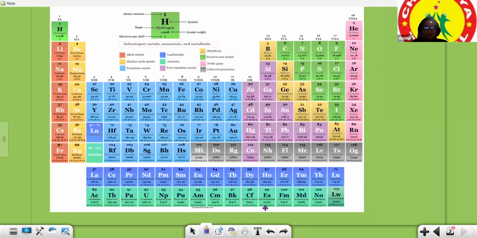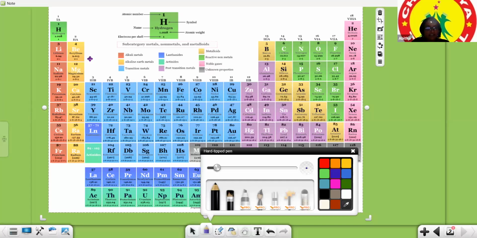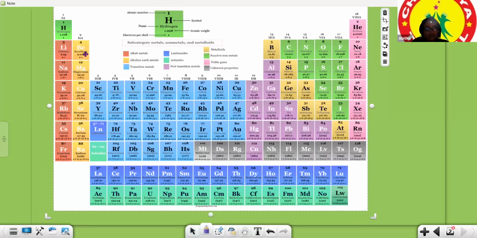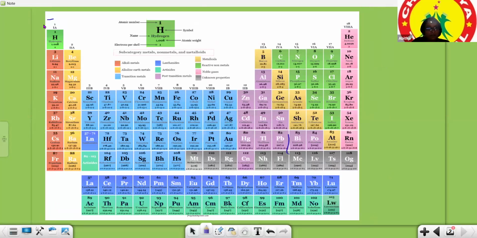Whichever element is present in the first group, you have to show the charge as +1. For second group elements, the charge is +2.